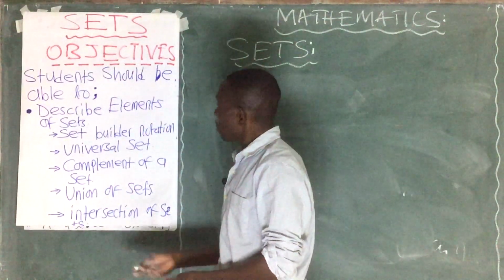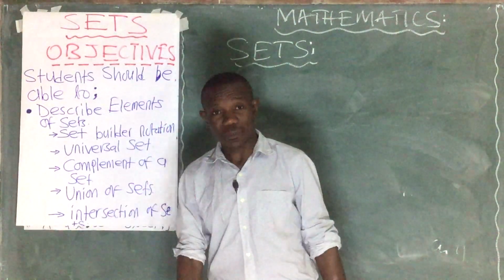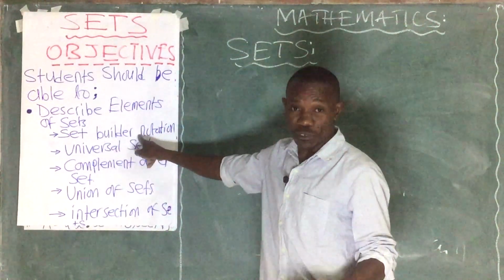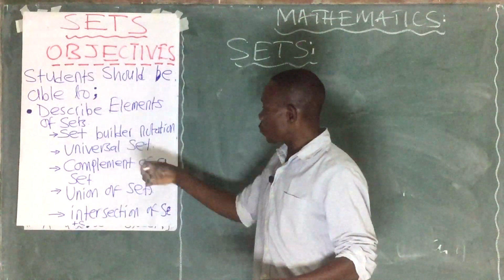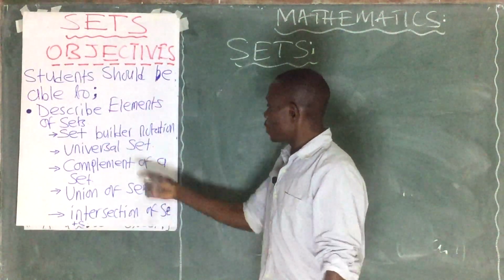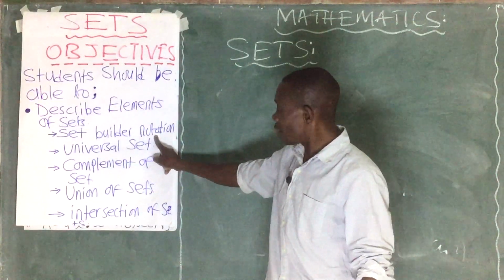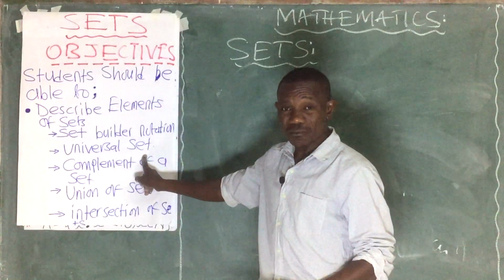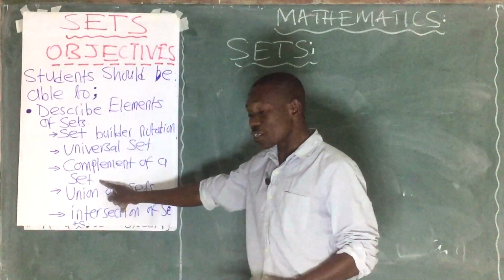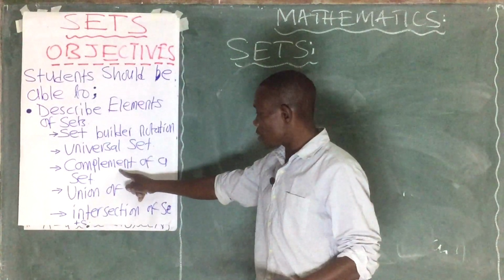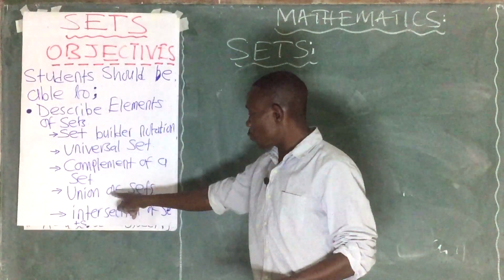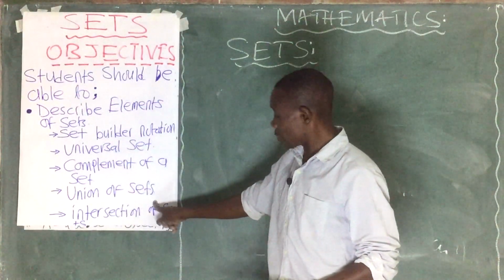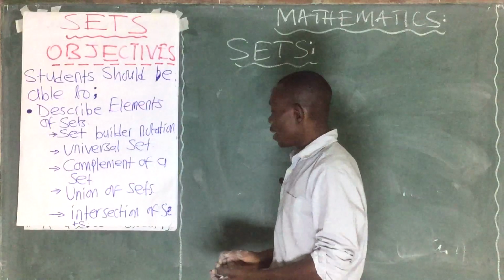You should be able to describe the elements of sets which are presented in the form of set builder notation. You need to know how to list the elements of a set in builder notation, and the elements of the universal set, the complement of a set, the union of sets, and lastly the intersection of sets.